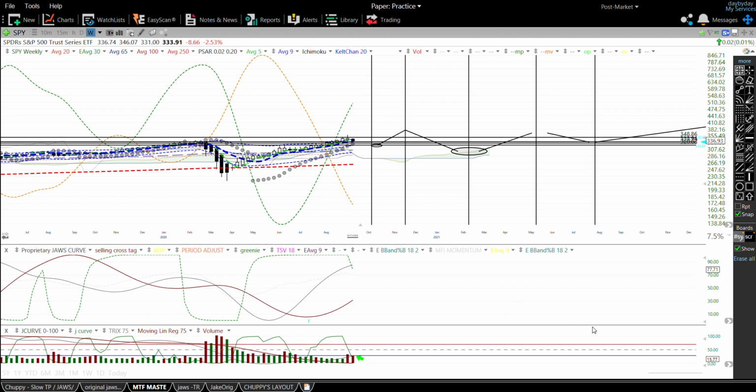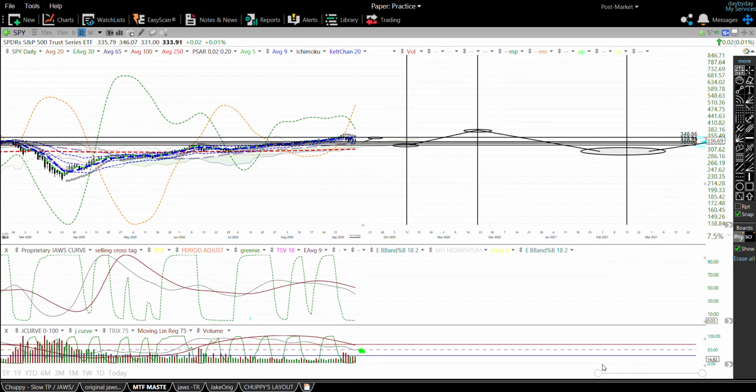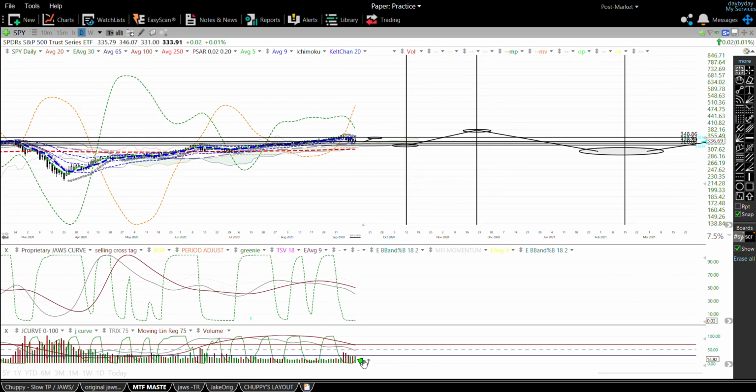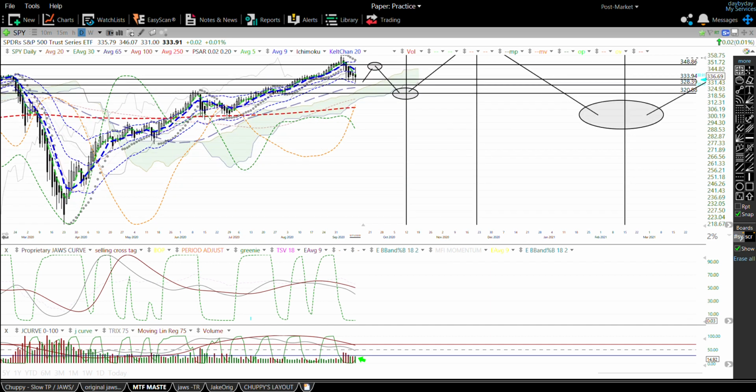On the daily, I see momentum starting to rise right here. Now this momentum indicator could still very much morph and go back down. It's the green that I really look to for guidance.